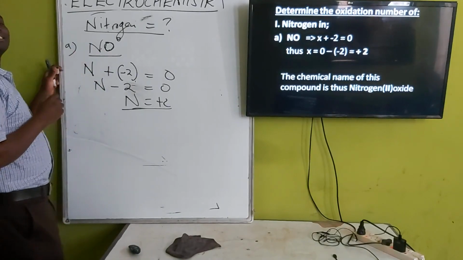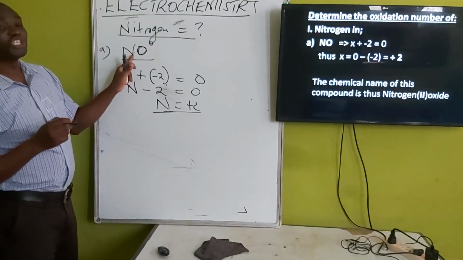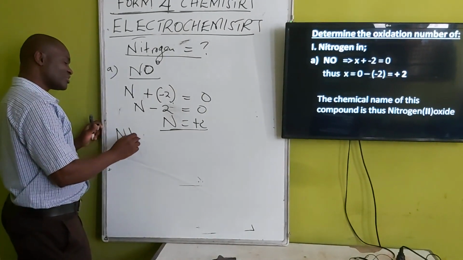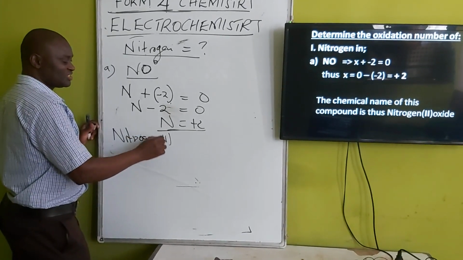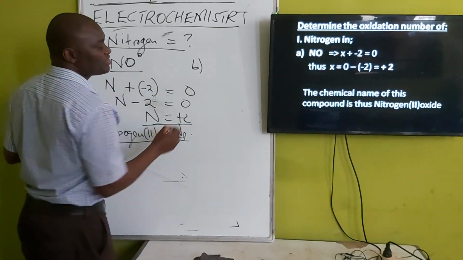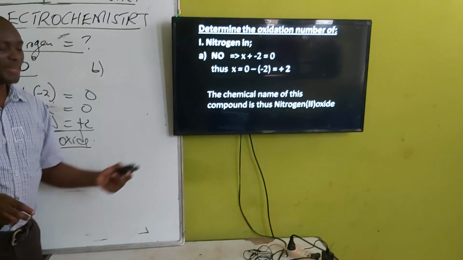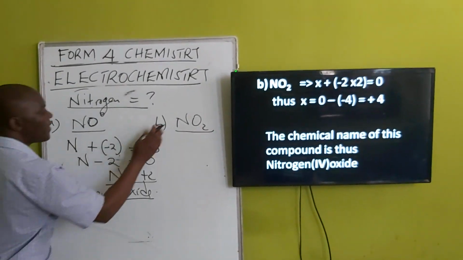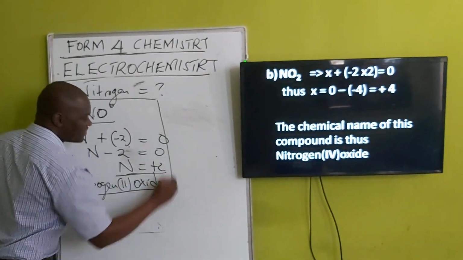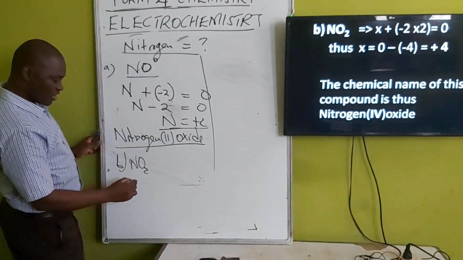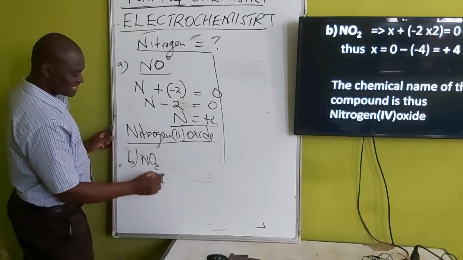So nitrogen in nitrogen 2 oxide is +2. That's why this compound is called nitrogen 2 oxide. That is its name. Then when we go to the second example, that is B, nitrogen 4. So for nitrogen 4, let me do it down here. Nitrogen we don't know, but oxygen is -2.